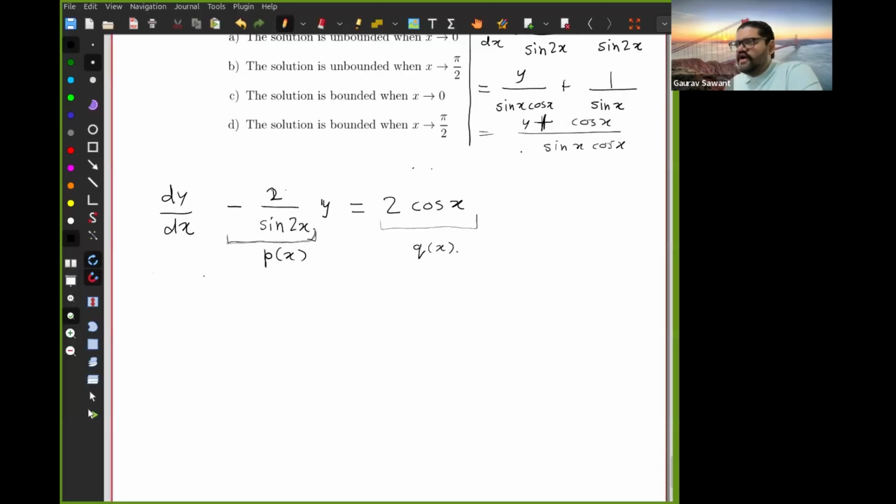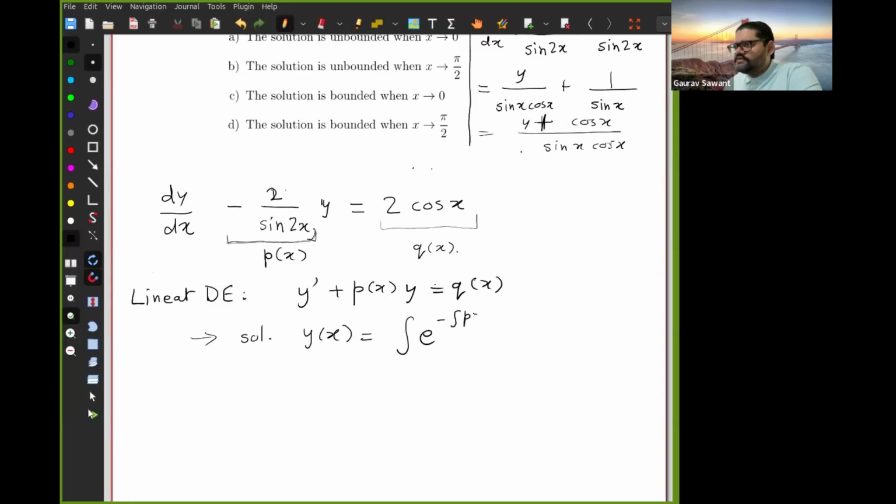So this is a linear differential equation. If I have this in the form y dash plus p(x)y equal to q(x), then the solution is of the form y(x) equal to integral e power minus integral p(t) dt, and q(x) dx.